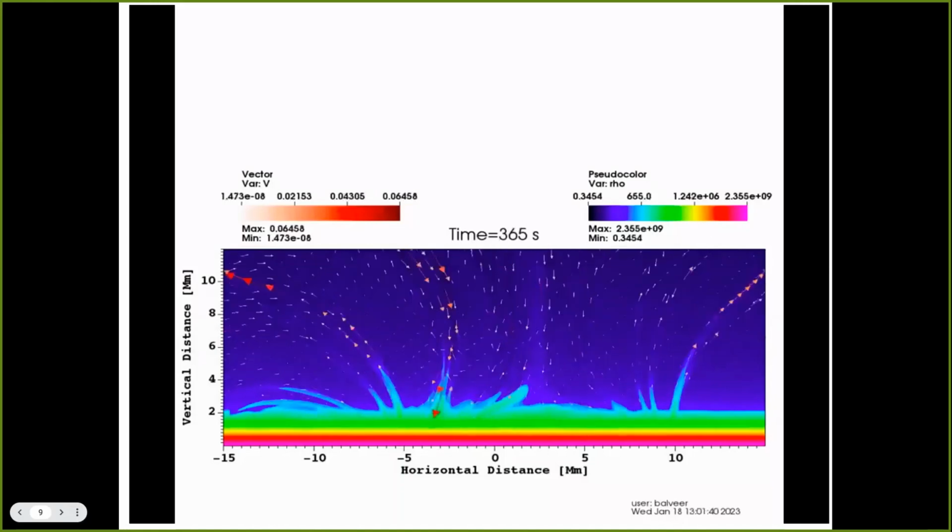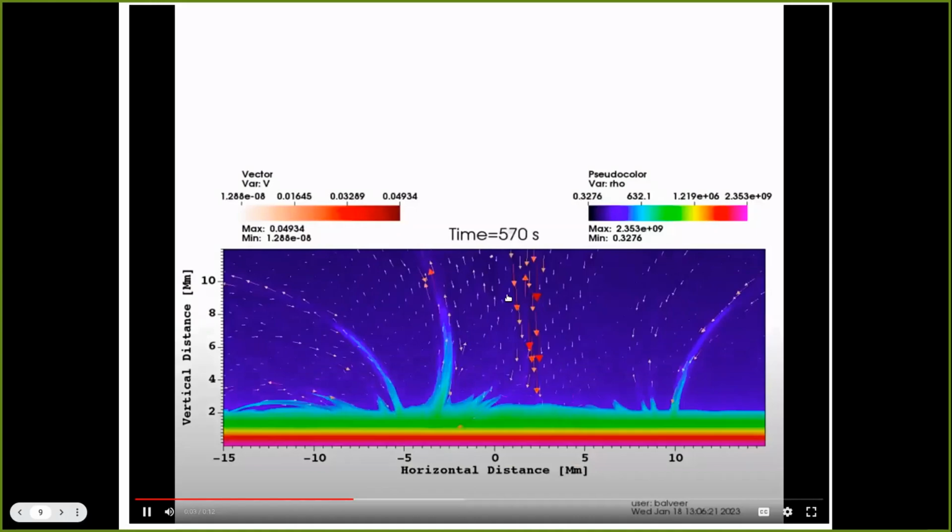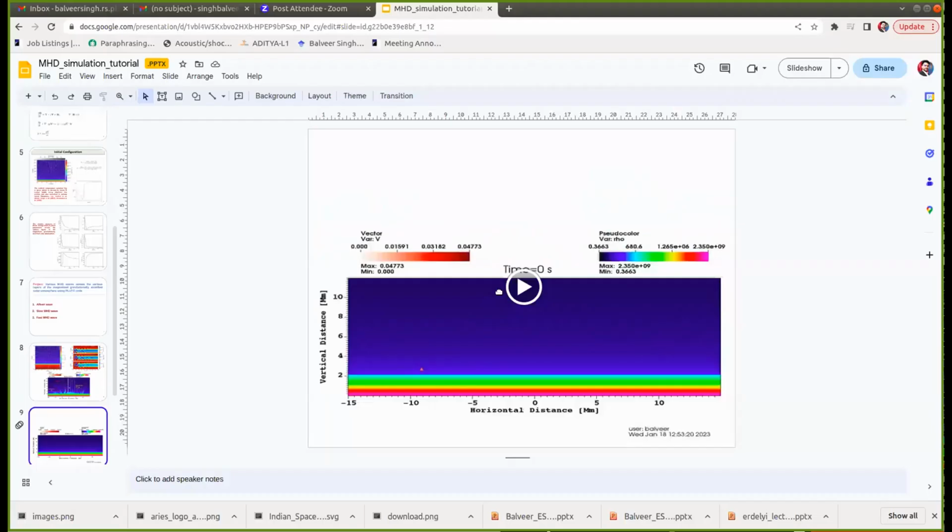These are some spicule-like jets and cool jets, which are associated with some plasma processes, which we will discuss in detail when we start the project.